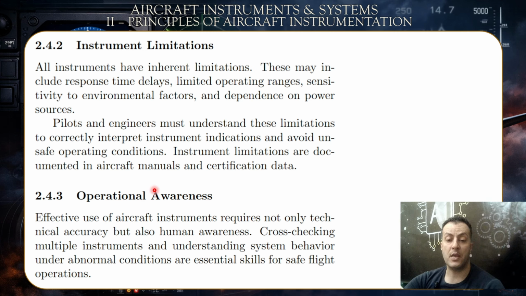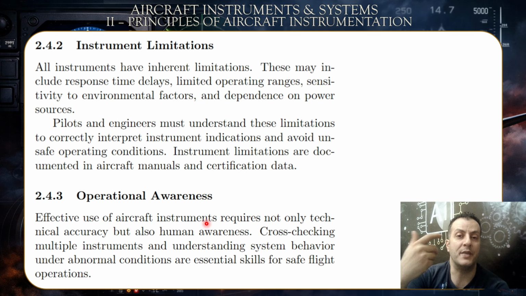Now, operational awareness. Effective use of aircraft instruments requires not only technical accuracy, but also human awareness to understand quite clearly how they work and why at times they might be displaying values that do not make any sense. We need to understand how they operate.